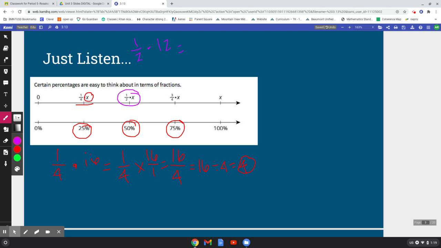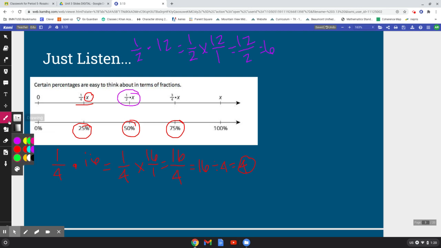Okay, now remember when we multiply fractions, you multiply straight across and you need to put a 1 underneath the 12. So this becomes 1/2 times 12 over 1. Okay, so now you multiply straight across and you get 12 over 2. Well, you know that 12 over 2, you divide those. That's the same as just saying 12 divided by 2, right? Or taking half of 12, however you want to look at it. And at that point, you would get 6.